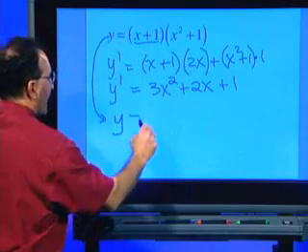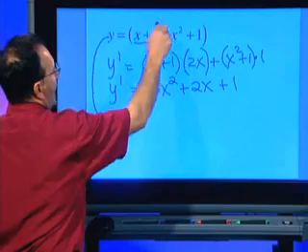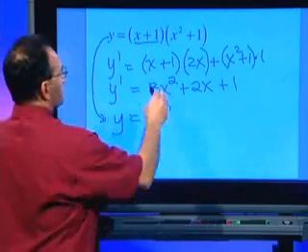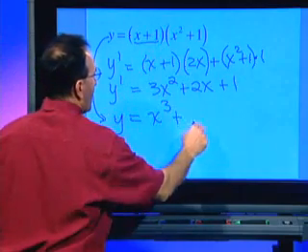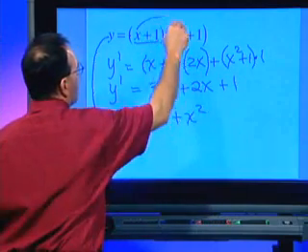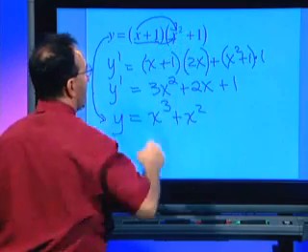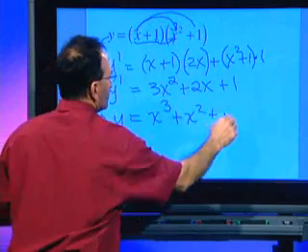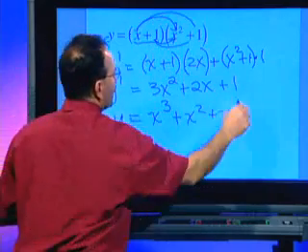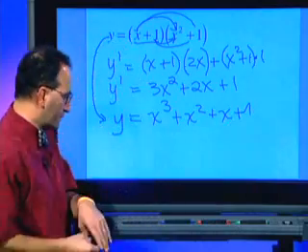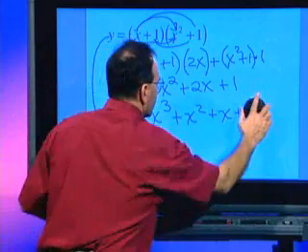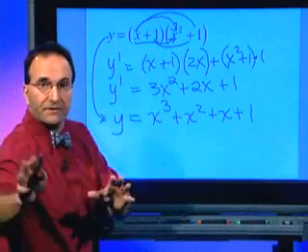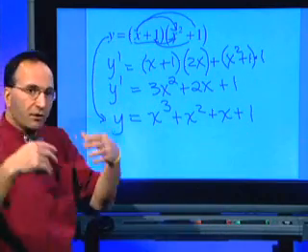It's y again, and that's going to be equal to x cubed, plus an x squared, and then I'm going to have the x times 1, which is my plus x, and then finally 1 times 1, which is my plus 1. Okay, so now let's differentiate by the power rules that we looked at.